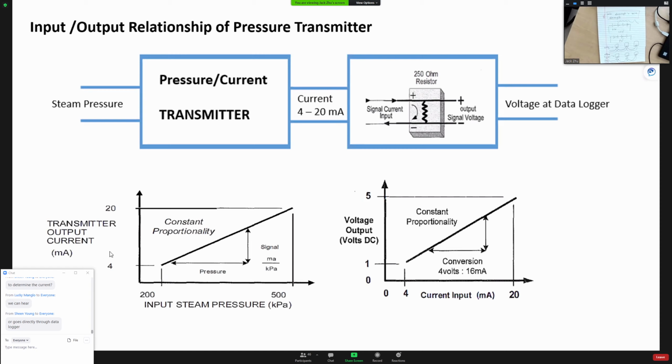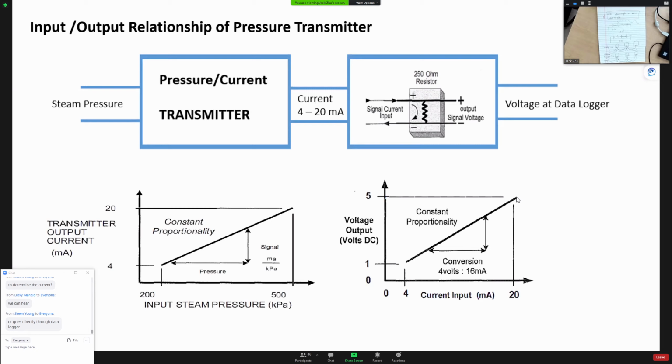So for this transmitter, the input steam pressure is between 200 kilopascals to 500 kilopascals. That's the steam pressure range. And the output, you have 4 milliamps to 20 milliamps.